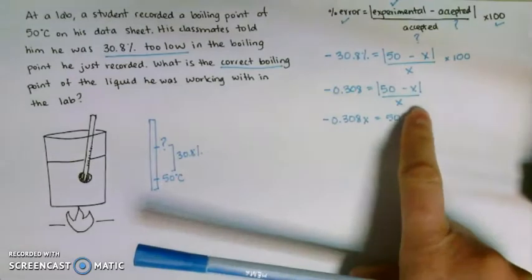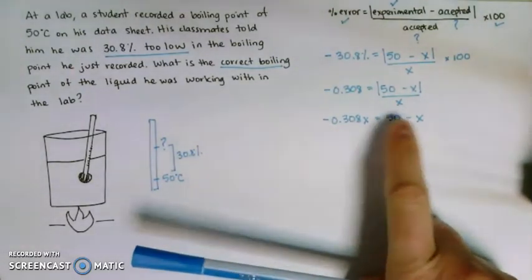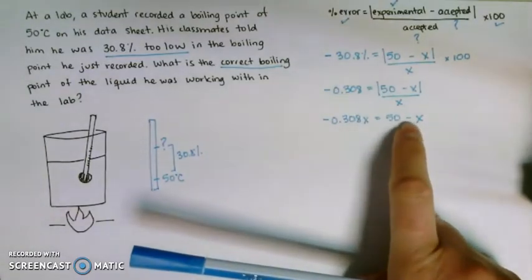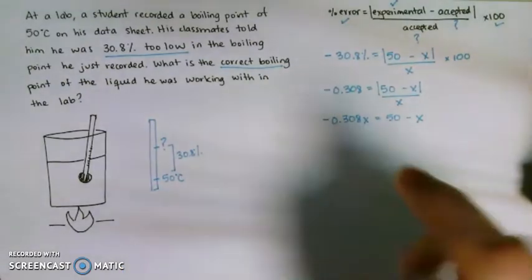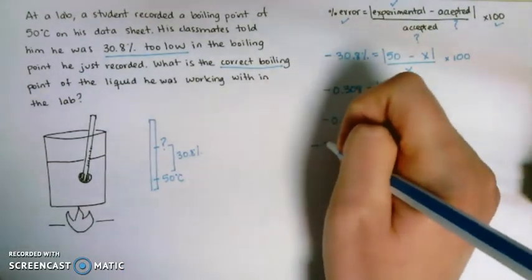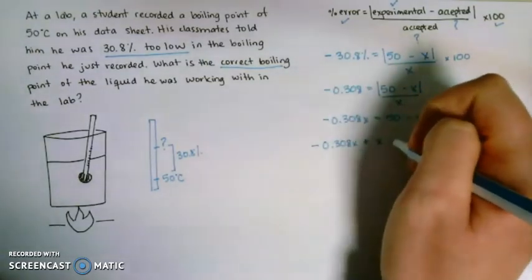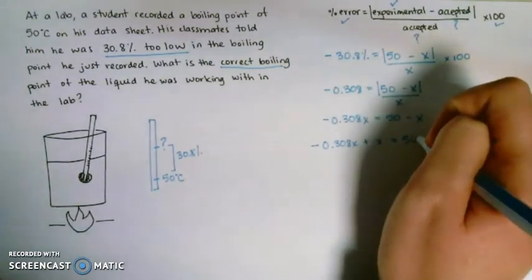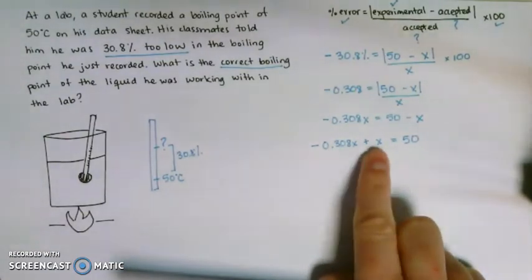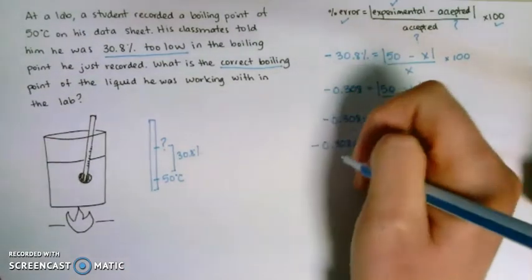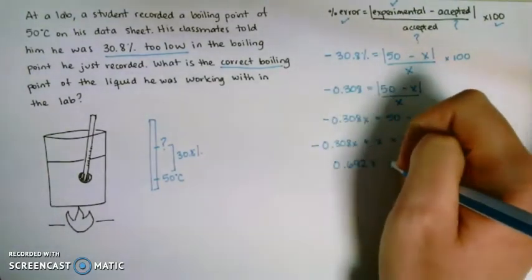Then I'm going to be bringing this x to the other side. We have to have both x's on the same side. And because this one is subtracting, I'm going to be passing this one adding onto the other side. One of them is negative, one of them is positive, so they subtract each other, and it gives me 0.692x equals 50.